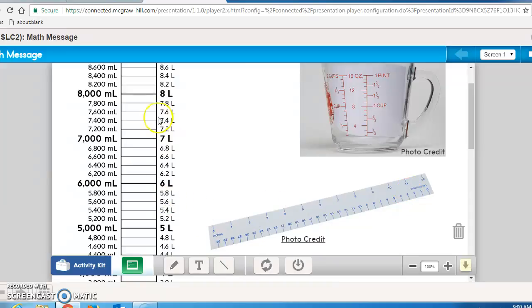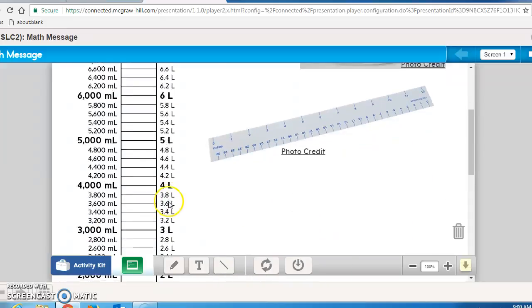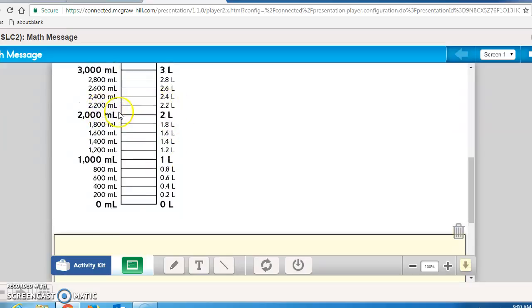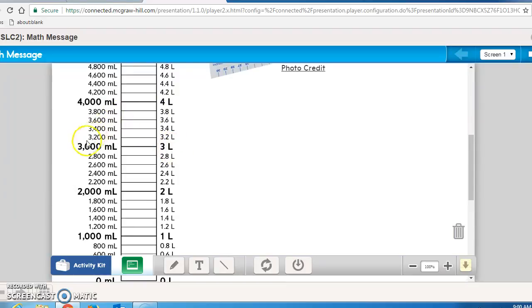The conversion chart that you're looking at here is showing you how to convert liters to milliliters. So if we had 1 liter, that would be 1,000 milliliters. And again, 2 liters, 2,000 milliliters. 3 liters, 3,000 milliliters.